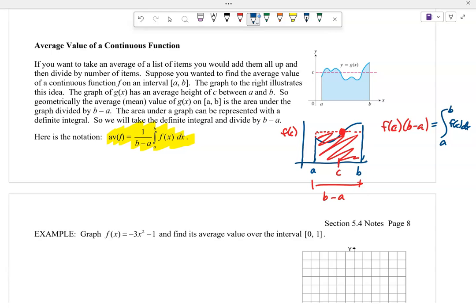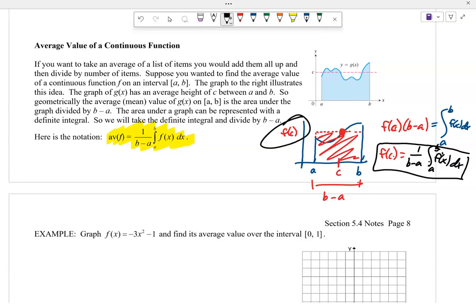So the average value, the y value, in other words the f of c, would be, if I divide both sides by b minus a, that right there, the mean value theorem for integrals. In other words, the average functional value. That's your average functional value, the average y value along that curve. Okay, maybe that's a way to think about that.